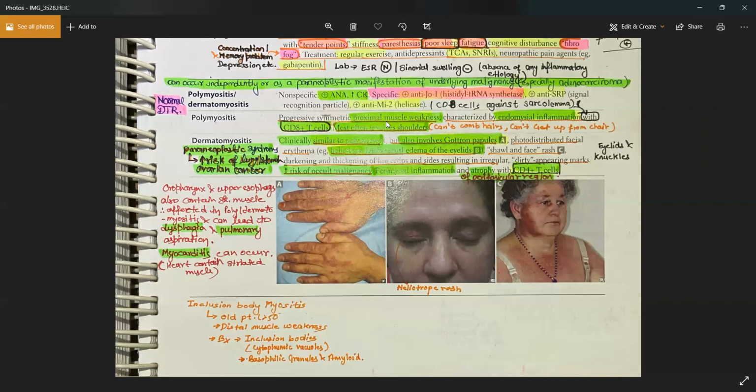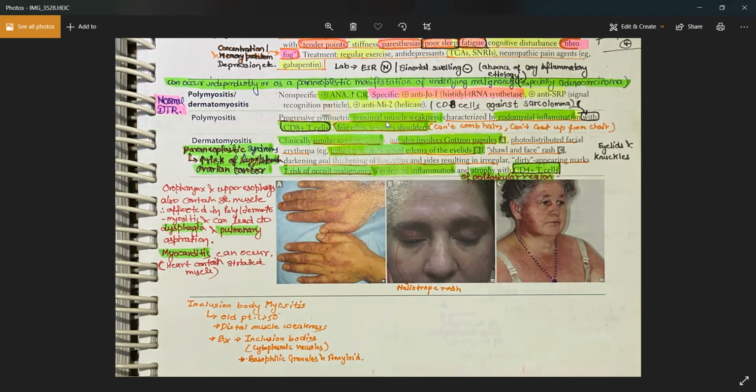And with all these symptoms, if the inflammation progresses, it can also include other muscles like the heart. You can get myocarditis, and death can occur because of the myocarditis again. The patient can have inflammation in the skeletal muscles of the proximal esophagus, and as a result, you can get dysphagia.